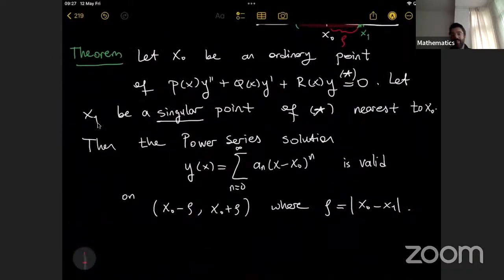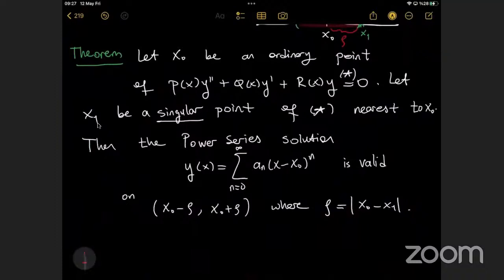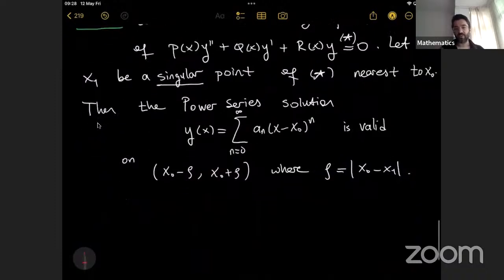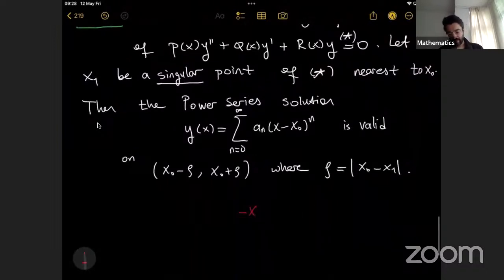All right. Any question? Hocam, how do we understand whether we have a singular point or not? A singular point is basically, if you have a rational function, the point which makes the bottom 0. For instance, in this example, we have minus x and 0.